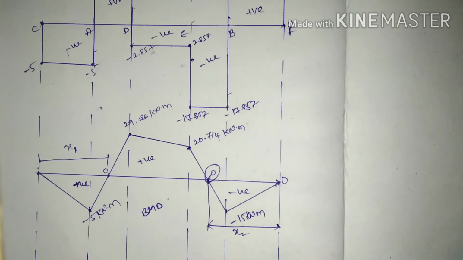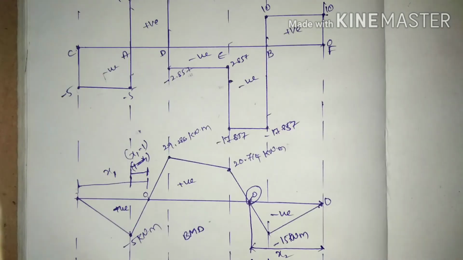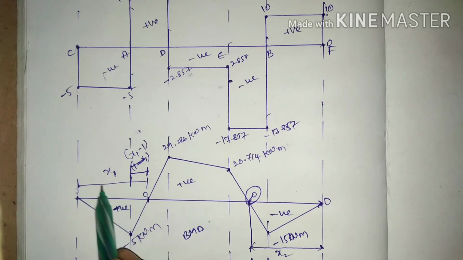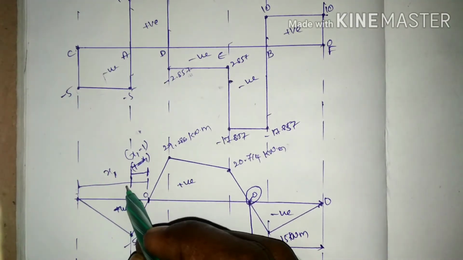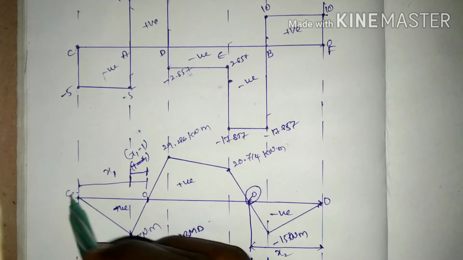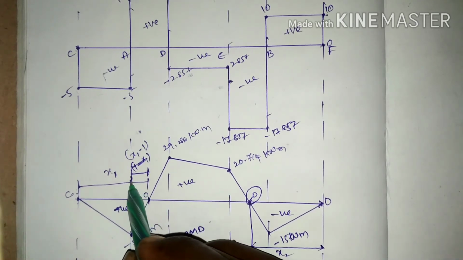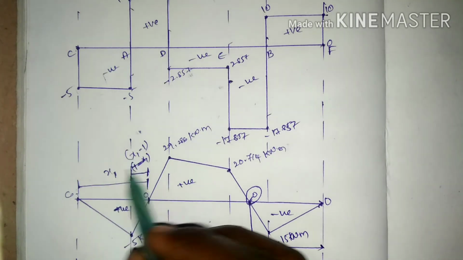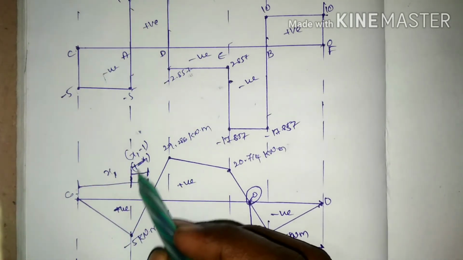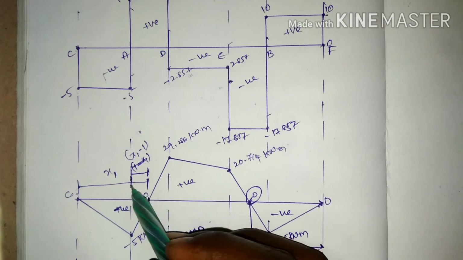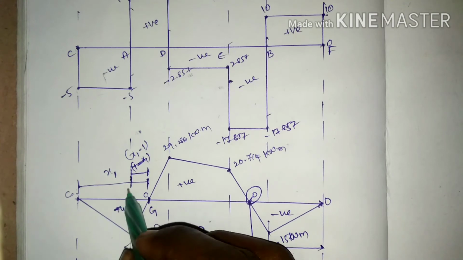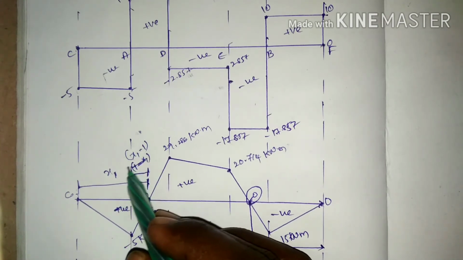What are the distances which we have? Let's see that. From A to where the moment becomes 0 is x1 meters, and from C to there we have x. From A to the zero point, we have x1 minus 1 meter. Let us call this point G. From A to G we have x1 minus 1.